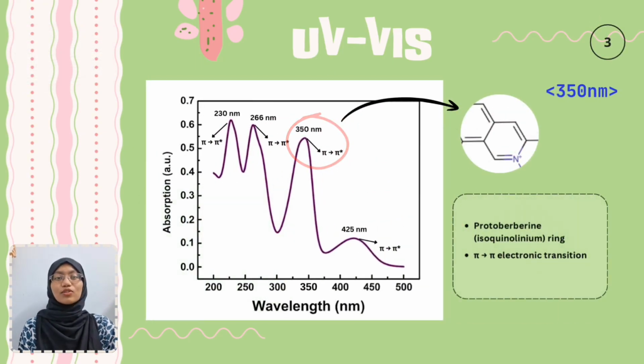Next, moving to the 350 nm peak, we are now looking at the protoberberine or isoquinolinium ring system. This peak indicates a different type of electronic environment compared to the previous one. The absorption here is associated with highly delocalized pi electrons, which significantly lower the excitation energy required for the transition.